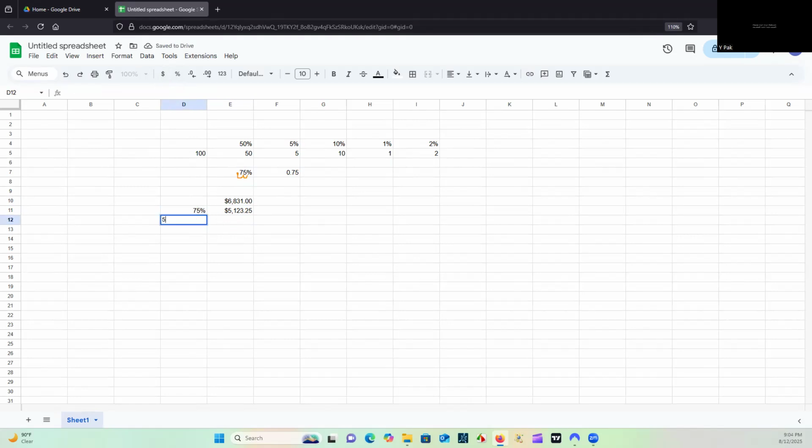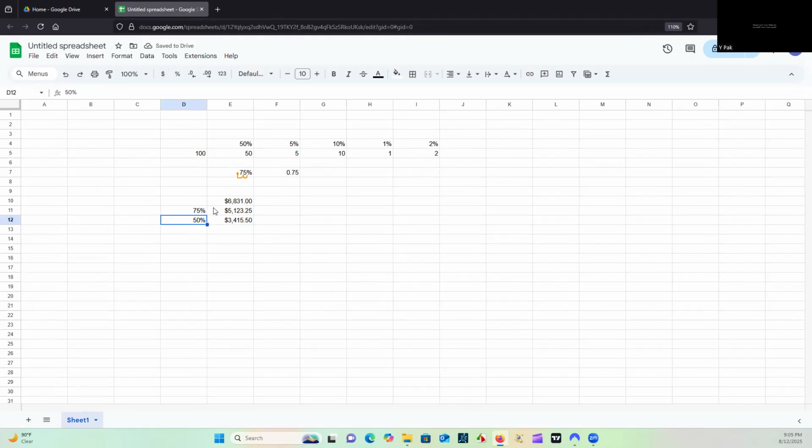Okay. What's 50% of this? Well, you do the math again. You move the decimal places two places to the left. So it's 0.50. And I multiply it by the number that I want to calculate.